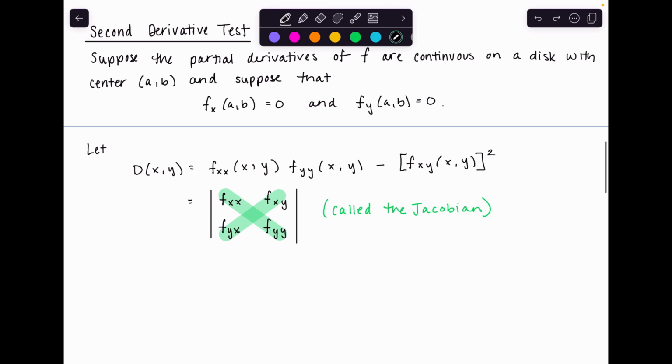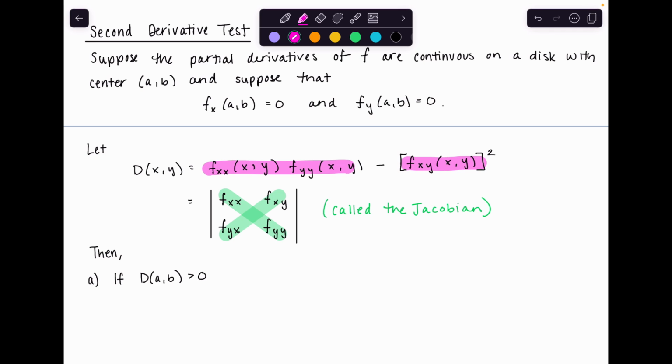So based on this, we have 3 possibilities. The first is if we find out this function evaluated at (a, b) is positive. The only way that can happen is if this product is bigger than this one. Okay.